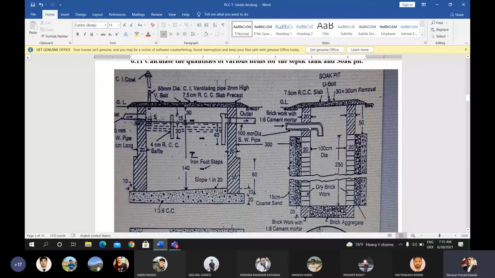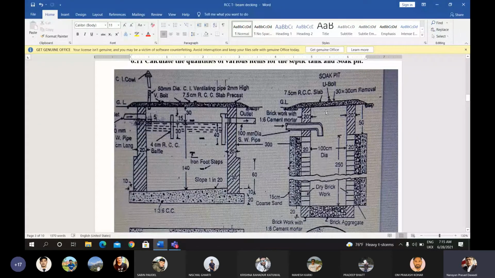This decomposed waste product is collected in the soak pit, and in the soak pit the solid portion as well as the liquid portion of the decomposed material has entered. The soak pit absorbs the liquid portion of the decomposed waste, and the remaining solid portion will remain in this soak pit.